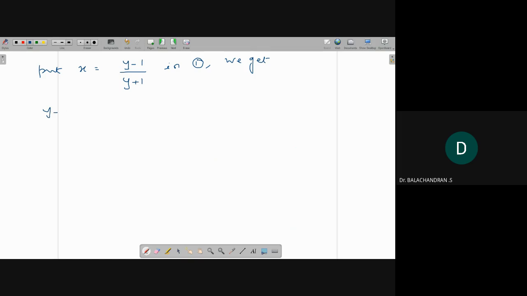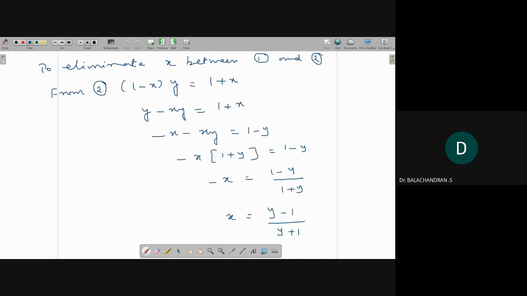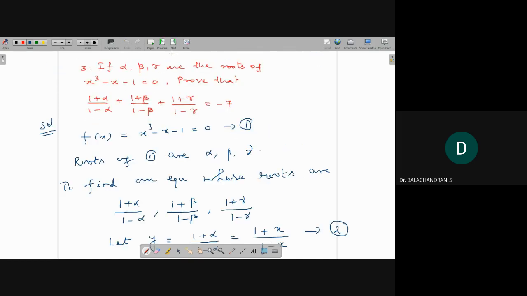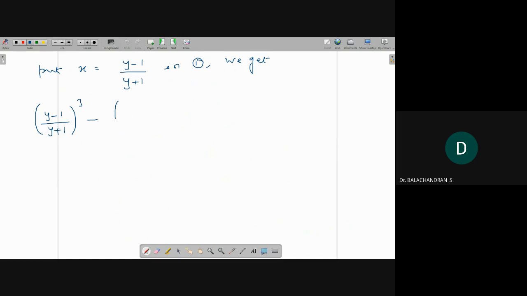X cube is y minus 1 divided by y plus 1 whole cube, minus x plus 1, that is y minus 1 divided by y plus 1, minus 1 is equal to 0.